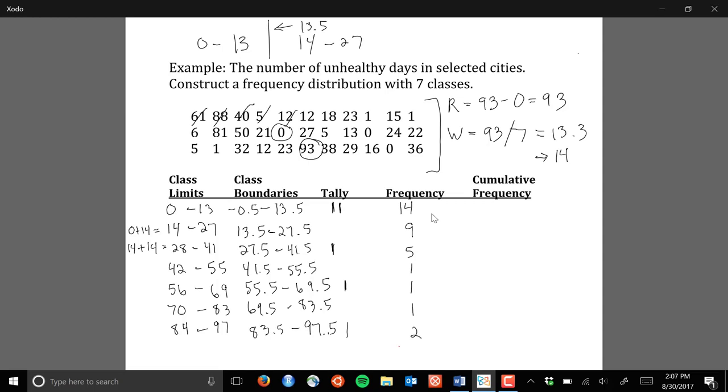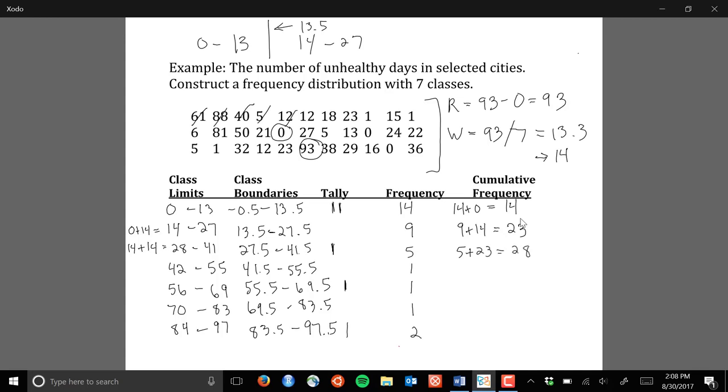And we add to that the current frequency of 14, and we get 14 plus 0 equals 14. To get the cumulative frequency for the second class, we take the current frequency and we add the previous cumulative frequency to that. And so we get 9 plus 14 equals 23. To get the third cumulative frequency, we're going to add 5, the current frequency, to the previous cumulative frequency of 23 to give us 28.